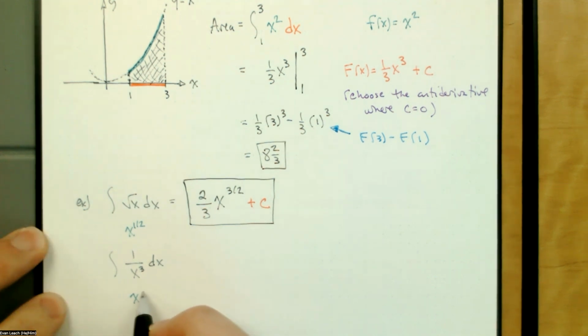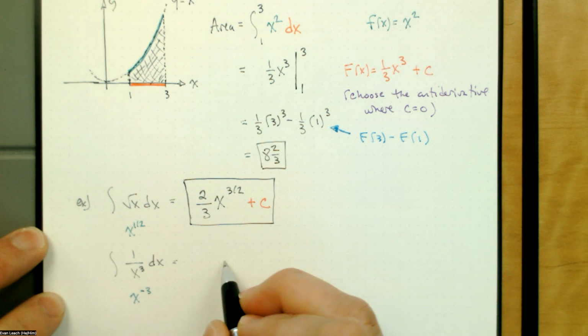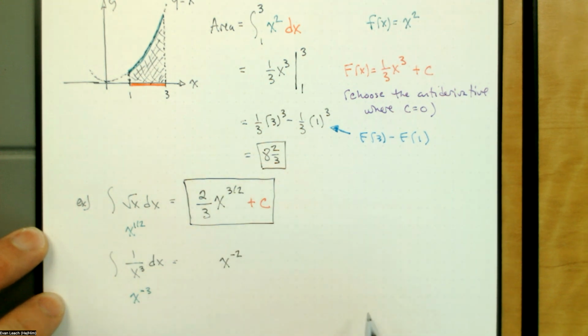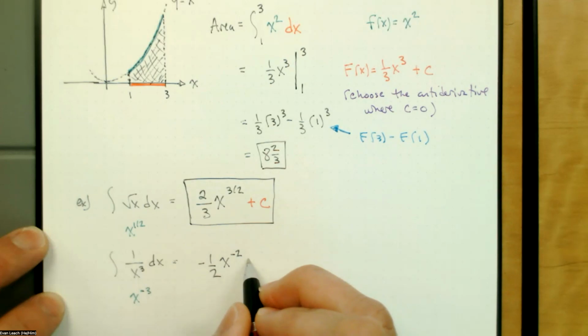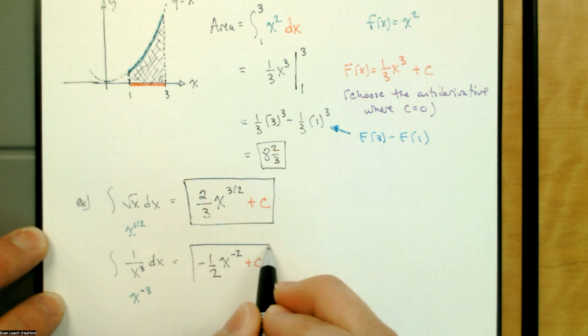So I'm going to read this as x to the negative 3. Now I got to be careful here. We got to add 1 to the exponent. So negative 3 plus 1 is negative 2. And then we divide by the new exponent, so negative 1/2. And then we put plus c for the general antiderivative.